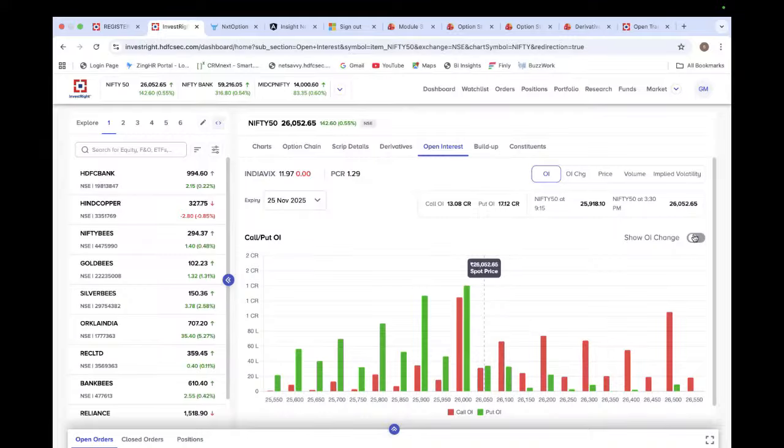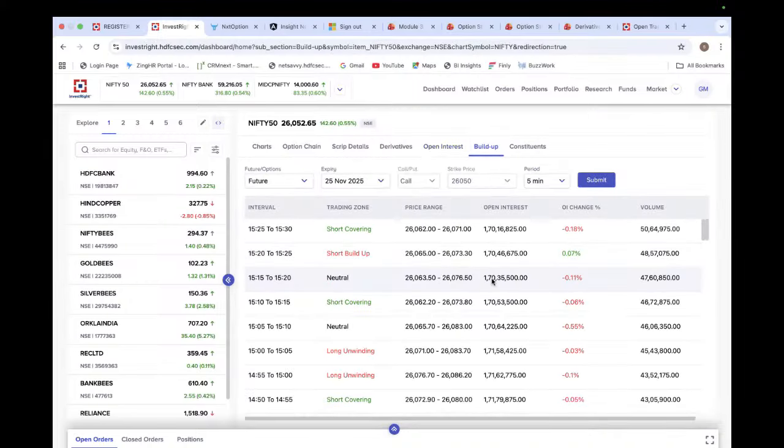You can also see the change in OI. Change in OI gives you the understanding of what is happening on that particular day. This is that specific day's changes. You can also go into the build up. We briefly talked about the build up: there can be short covering when the short sellers are exiting and it's like a quick upside momentum. The long unwinding is when there is a little bit of profit booking.